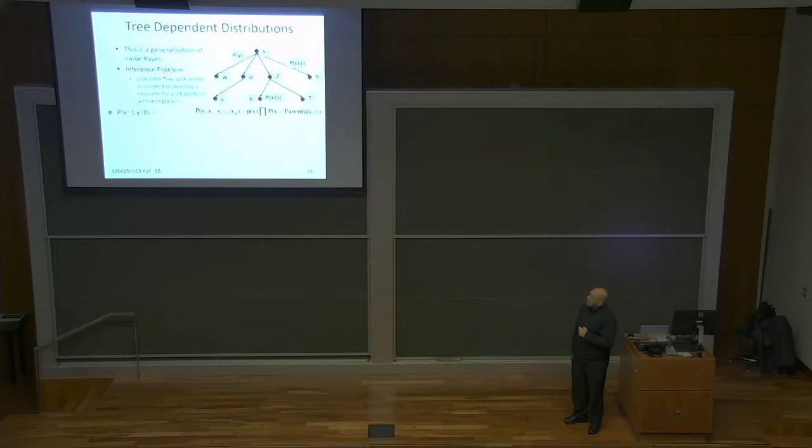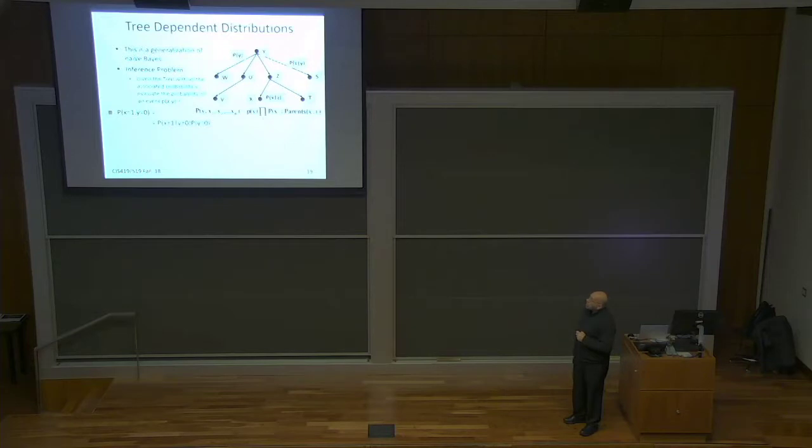Let's take another event. Let's assume I care about the event P of X being 1 and Y being 0. So X is here at the bottom, Y is there at the top. I'm going to do the same thing: climb up the tree until I reach an expression that makes use of the conditional probability table.